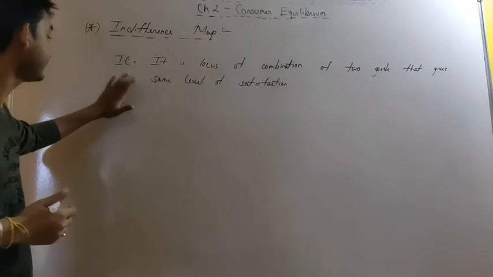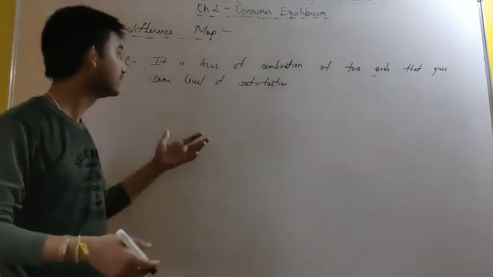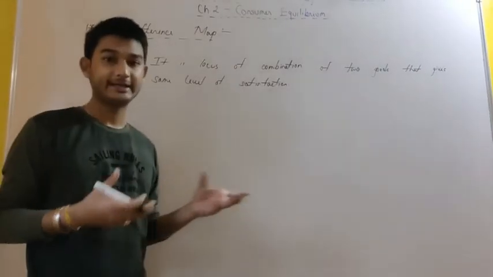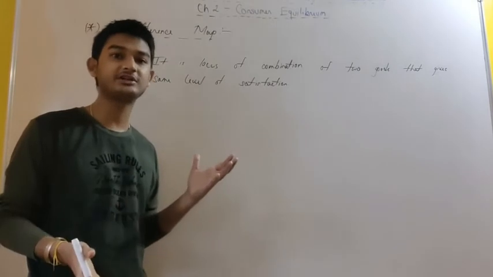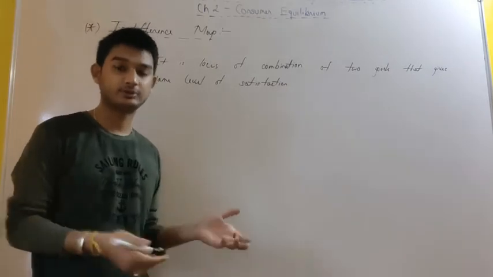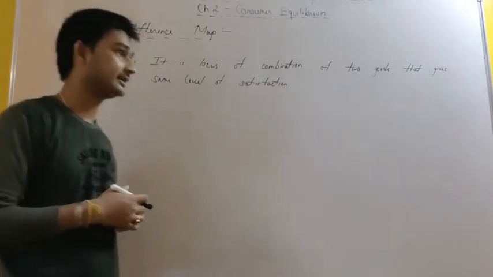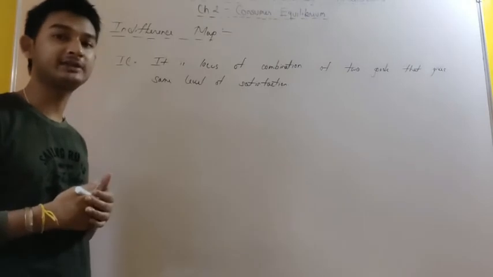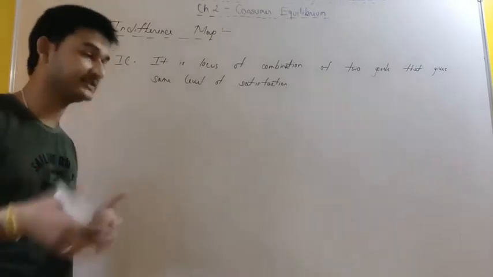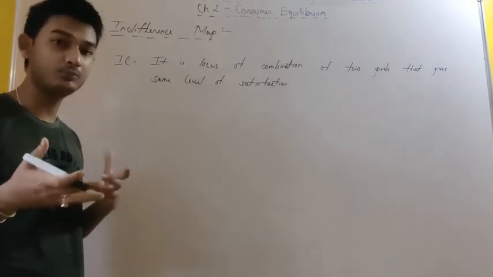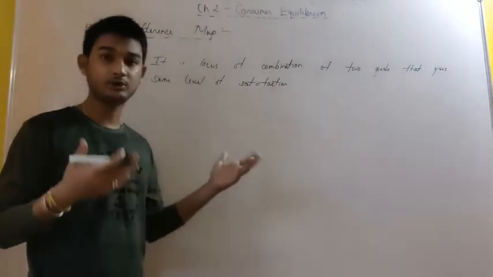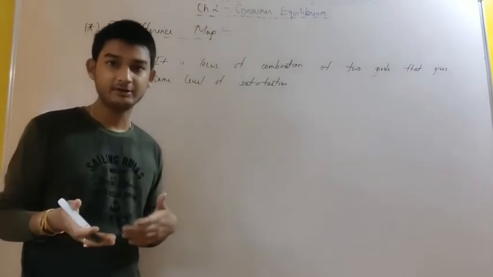The indifference curve that we saw in our last class was related to an indifference curve schedule, a tabular representation of all those combinations of goods that yield the consumer the same level of satisfaction. In the similar way, we can outline more combinations of goods and services that give the consumer more or less satisfaction.